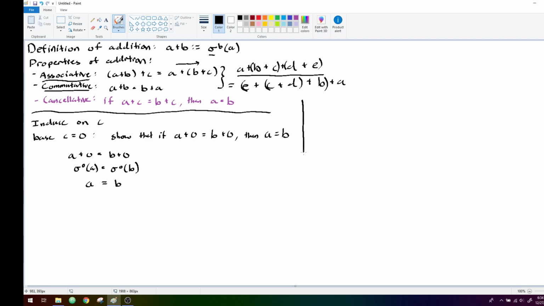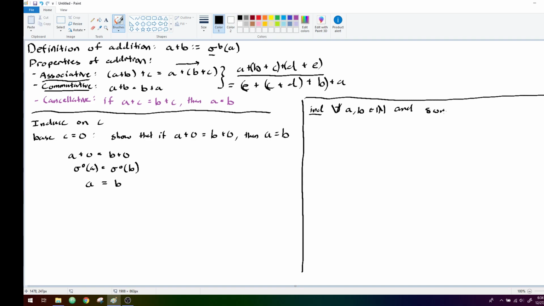Now, we're going to move over to the right side for the inductive step, where we get to assume that for all a and b in the naturals, and some fixed c in the naturals, if a plus c equals b plus c is true, then a must equal b.